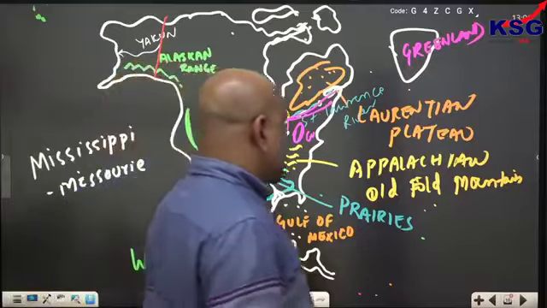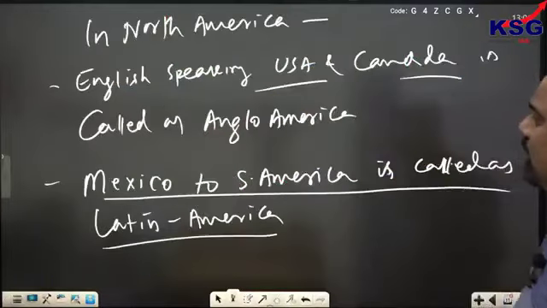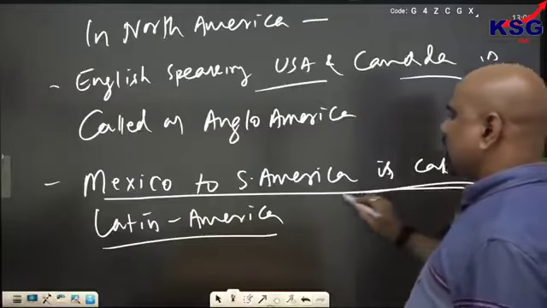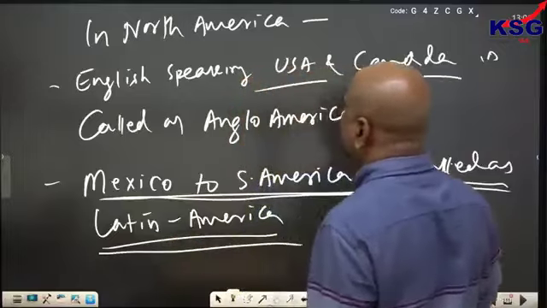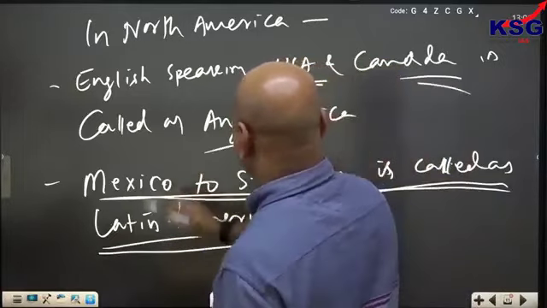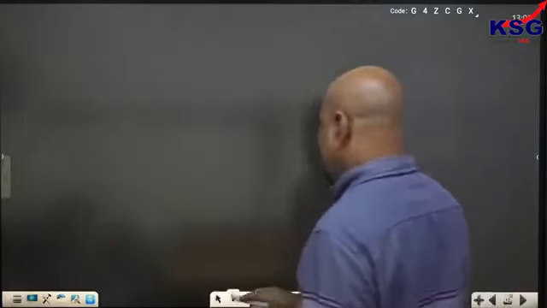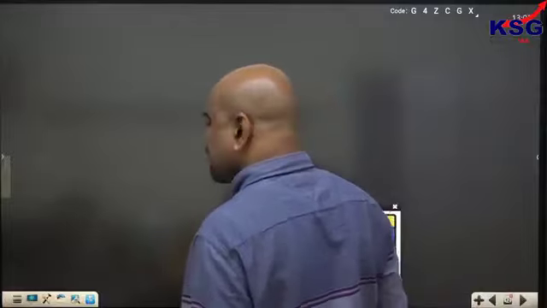So North America, as I was saying, Mexico and South America are called Latin America, and English-speaking USA and Canada are called Anglo America. Canada is such a large country, the second largest in the world after Russia.